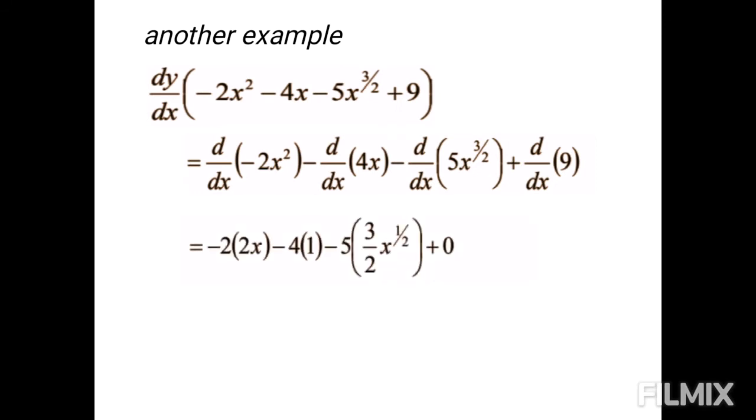So how does it go? The derivative of negative 2x squared will be 2x times negative 2. Since we have this exponent 2, that's why we multiply it to our base x, we have 2x.